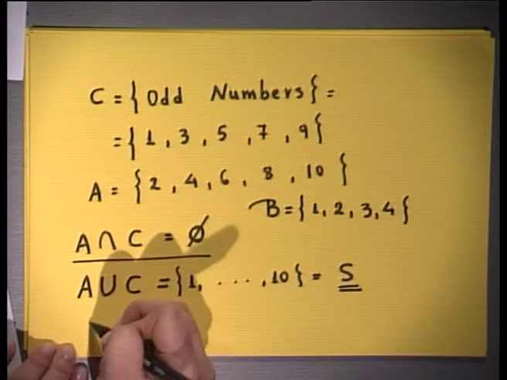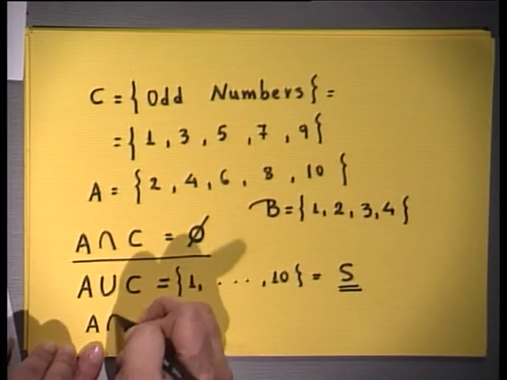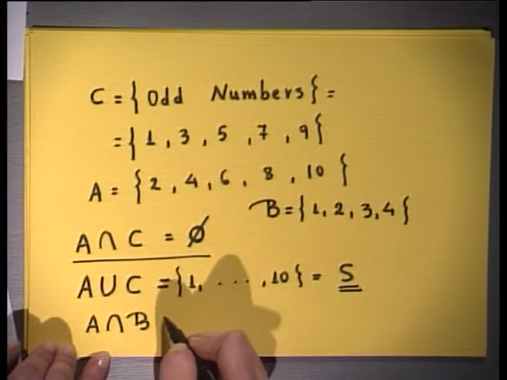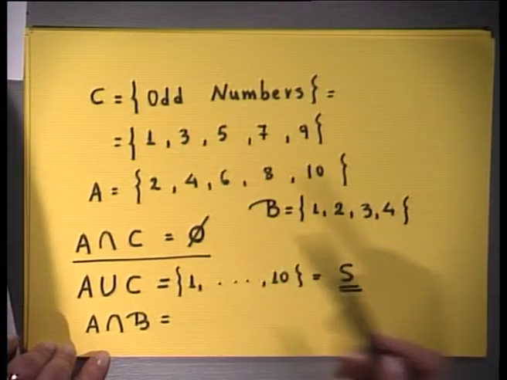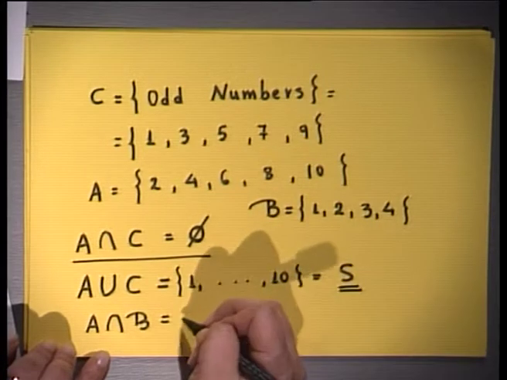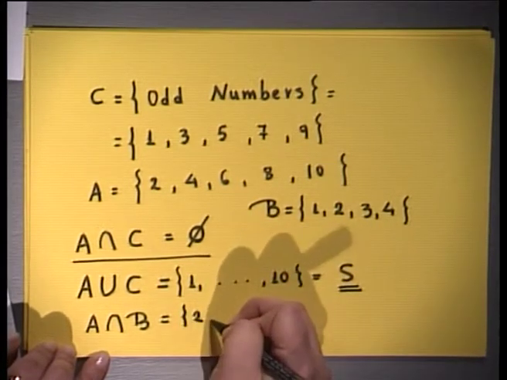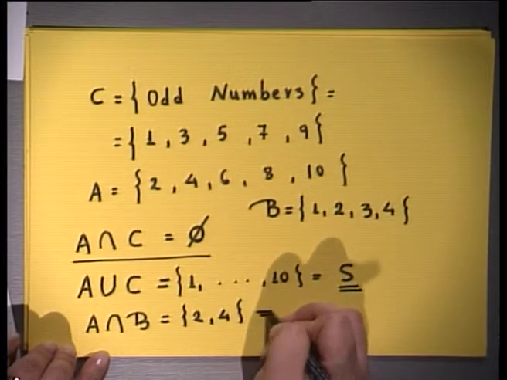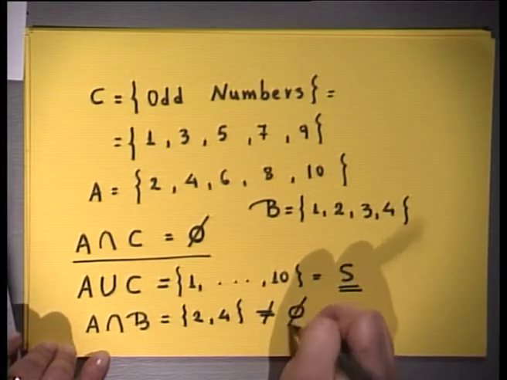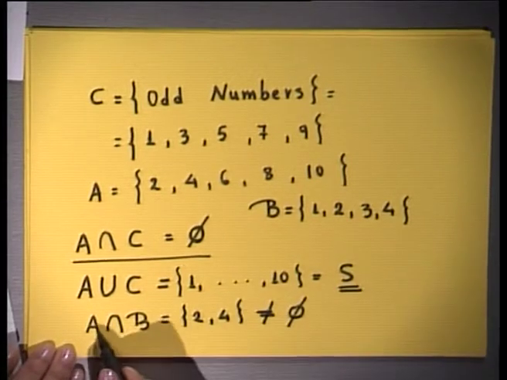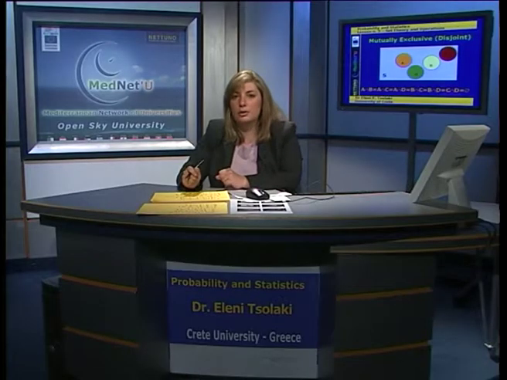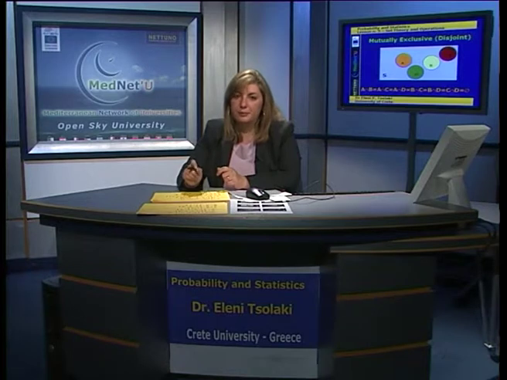We see that A intersection B will be the common elements 2 and 4. This, of course, is not the empty set, and so A and B, in this case, are not mutually exclusive. They are not disjoint.